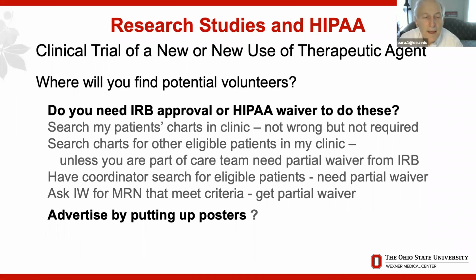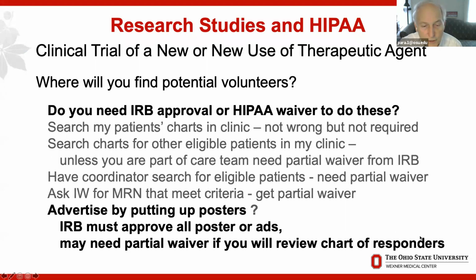All right. How about putting advertisements up? Can you do that without IRB approval or a partial waiver? And the answer is, just to put up an advertisement for a study, the IRB has to approve the advertisement. I think you're probably all aware of that.